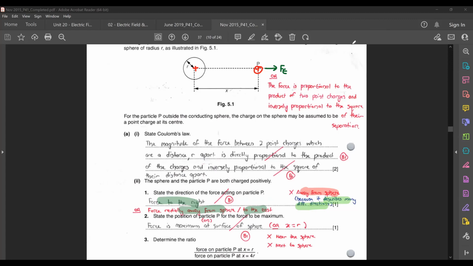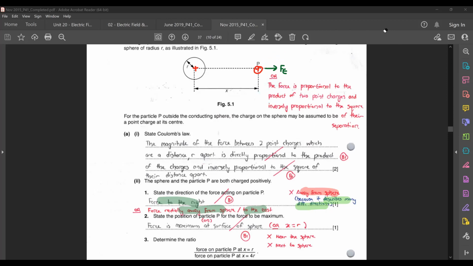They would say that maybe you mean something like this, maybe something like this, or something like this. These are still considered away from the sphere. So it's not as specific or precise. So they don't want this one. They want a more specific term: towards the right, radially away from the sphere, or towards the east. Okay.